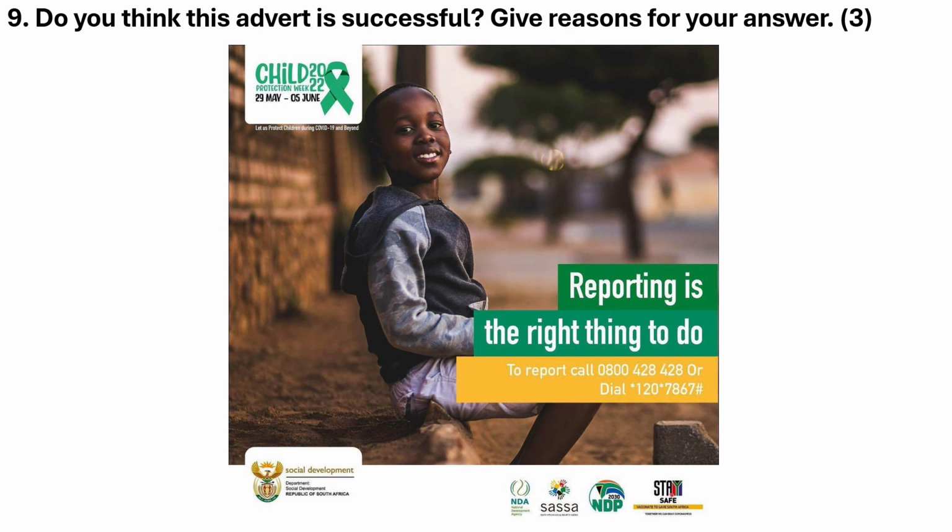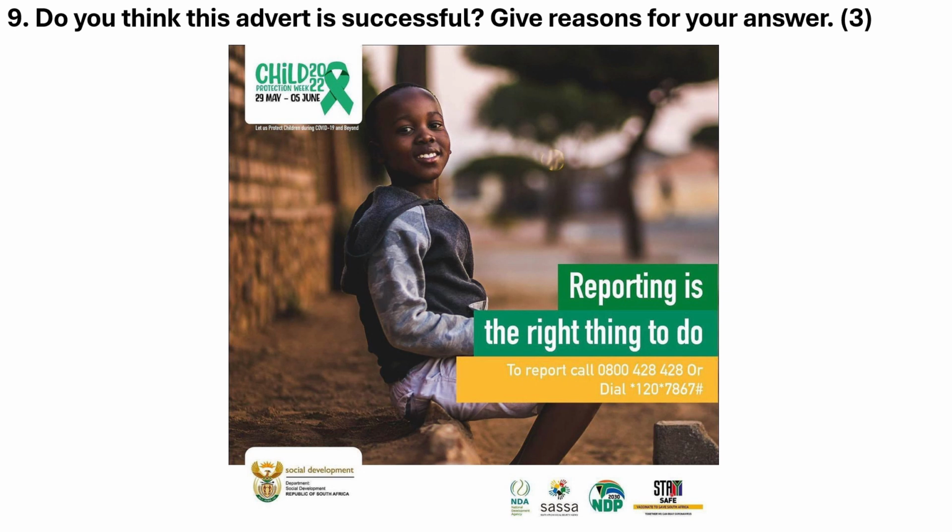You could argue that this advertisement is not particularly successful because the child in the picture looks happy, healthy, and not particularly like he's in need of protection. That's 1 mark. Or you could argue that it's not clear what the reporting should be focused on, whether it is the fact that the child is not in school, that the child is sitting outside on his own, or that the child is endangered in some other not very obvious way.